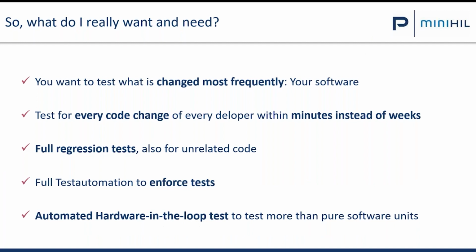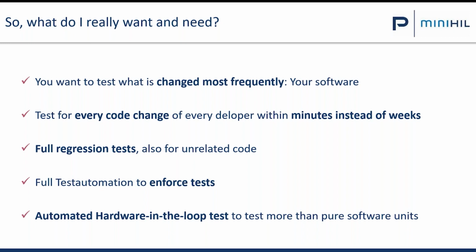So what do you really want and need in order to test fast and early? You want to test what is changed most frequently, and that's your software. The hardware is not changed that often, but the software could be changed 10, 20, 100, 1,000 times a day, depending on your team size and on the activity in your project.